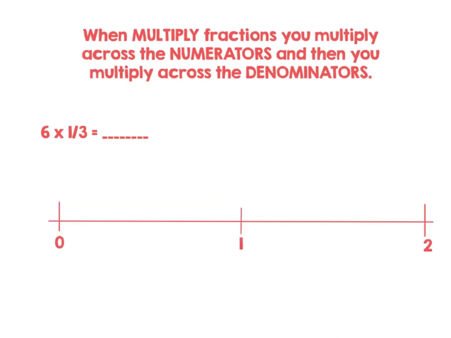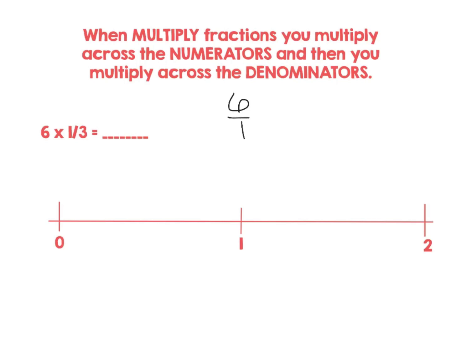All right, so we've been adding, we've been subtracting fractions. Now we're going to multiply fractions. And when we multiply fractions, you multiply across the numerators and then you multiply across the denominators. Now, I have the multiplication equation 6 times 1/3. And I can rewrite that where 6 is a fraction.